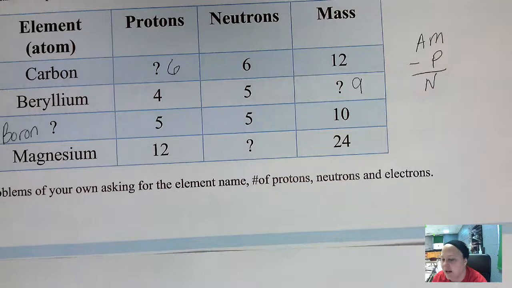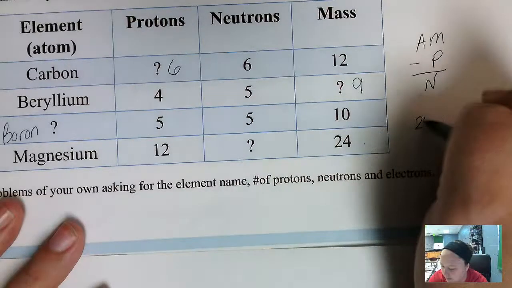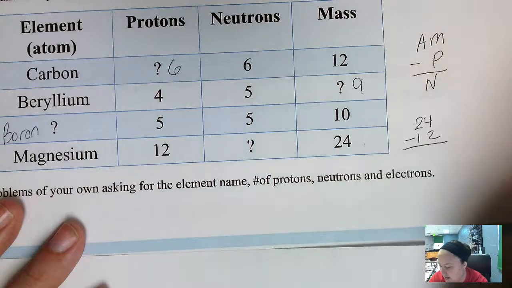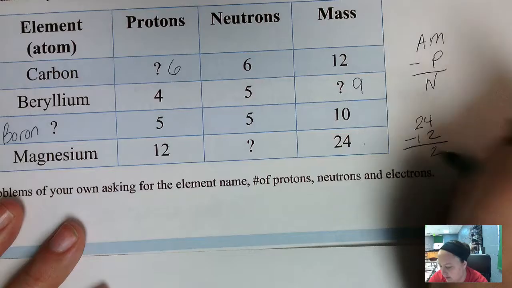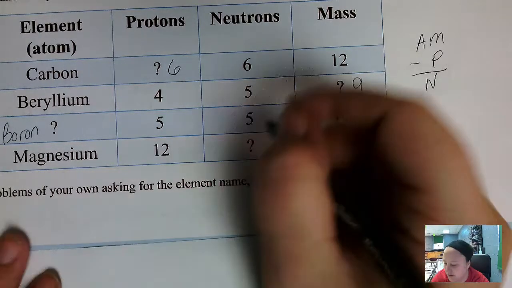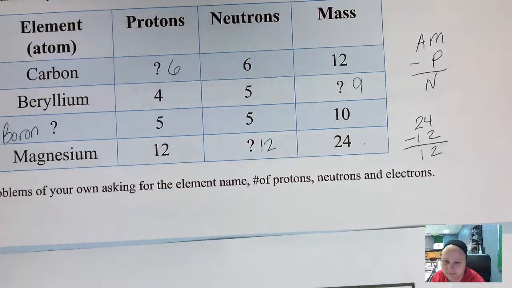So if you need to write that down somewhere or take note of that, go right ahead. That's fine. So the atomic mass is 24. Subtract the number of protons gives you your neutrons. So the neutrons in magnesium is 12.